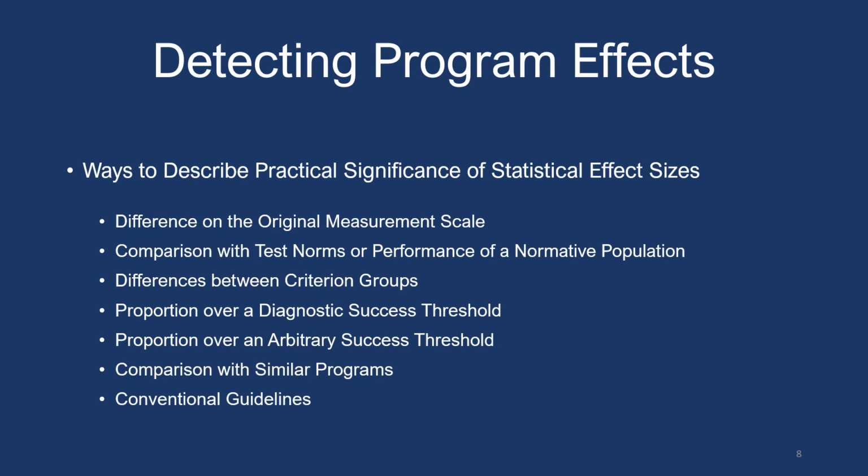And finally, we may use conventional guidelines. Often in the broader social science research field, there are some generally established guidelines for what constitutes small, medium, and large effect sizes. For standardized mean difference effect sizes, for example, 0.20 is suggested to be a small effect, 0.50 is considered to be a medium effect, and 0.8 a large one.